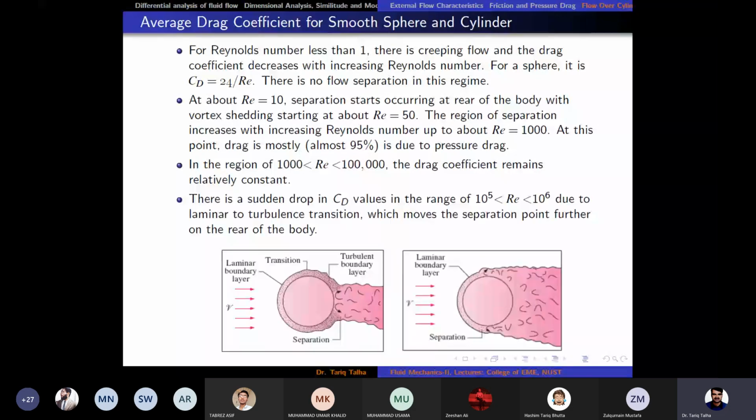And then for this wake region, for the turbulent case, you can see that the wake region is less. For the laminar boundary layer, you can see the wake region is more. So it means that the pressure difference force would be more for the laminar boundary layer, and this object would face more resistance when the flow is laminar.